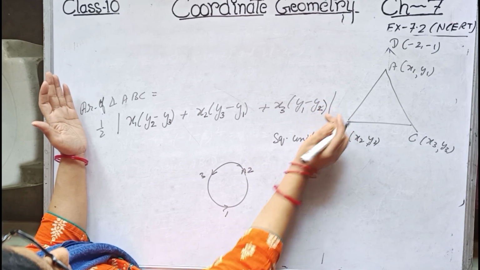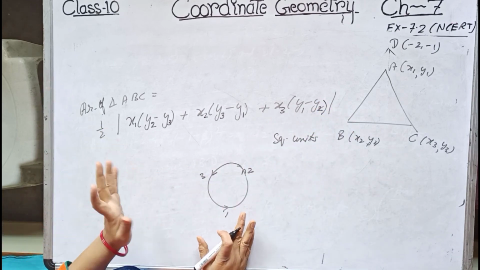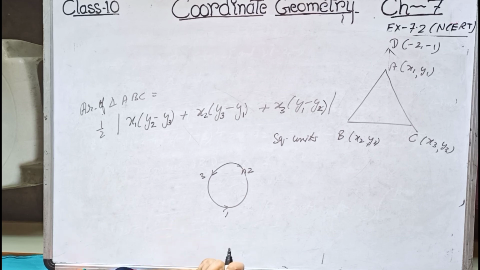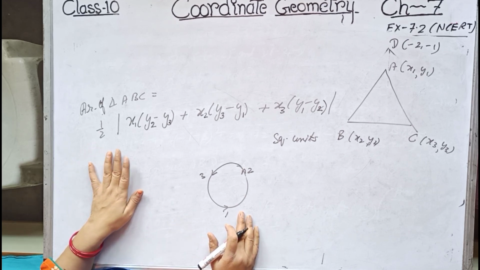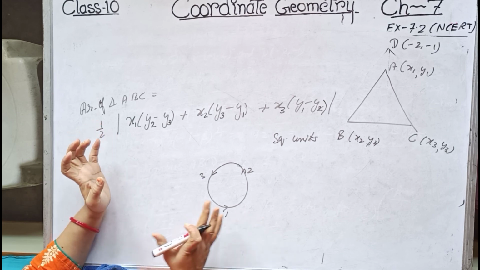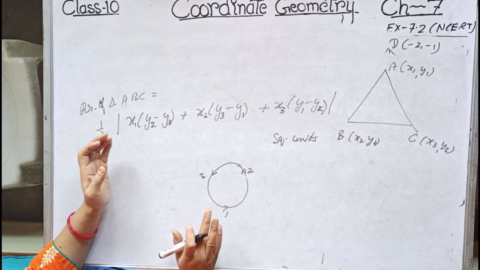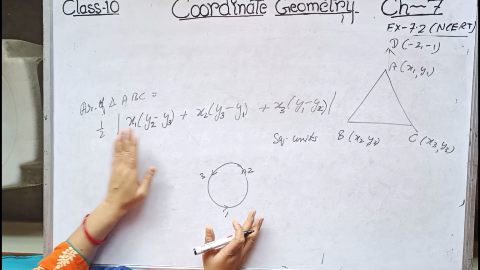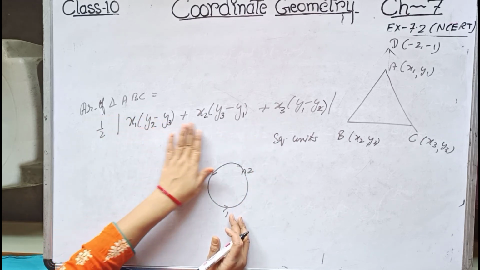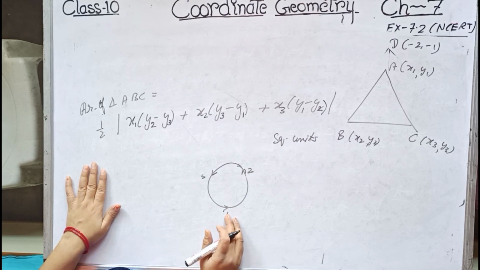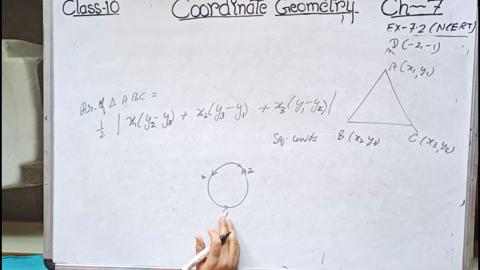Now this formula only I have given so that you can keep in mind, and if somewhere you need to utilize it in competitive examinations and others, you can utilize this formula. Derivation and all is there, but since it is removed from the syllabus, I am not doing it in detail. Only keep in mind 1 2 3, 2 3 1, 3 1 2, and addition of all these products is the area of the triangle ABC.